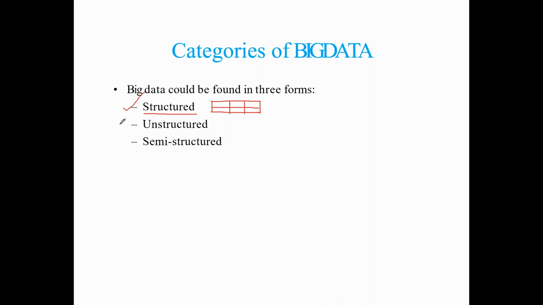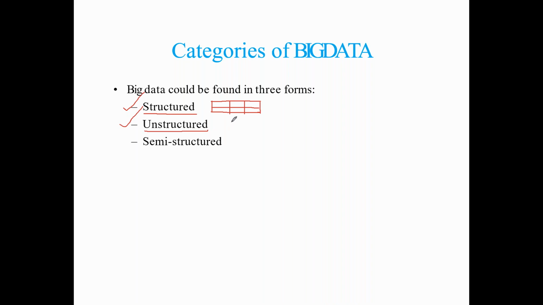Coming to the second category, unstructured data. Unstructured data is nothing but data which doesn't have any structure at all. Let me give some examples. I see that everywhere CC cams are being installed these days, be it houses or offices, wherever you go. What do these CC cams generate?